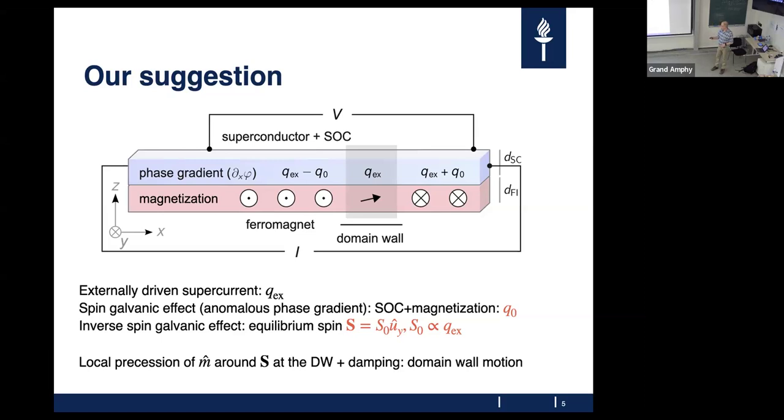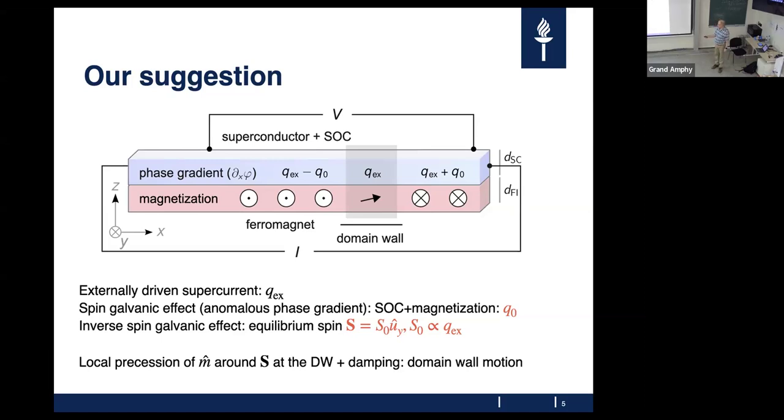The fact that you generate a phase gradient from magnetization is called the inverse spin galvanic effect, or the inverse Edelstein effect. There are many names for these things. Now, the reciprocal of that effect, generation of this Q0, is the fact that if you have a supercurrent running here, you generate an equilibrium spin at this interface, and this is the spin galvanic effect.